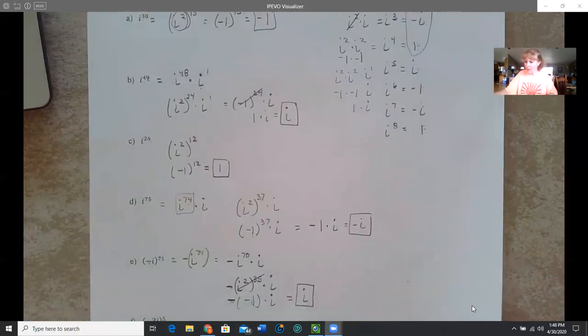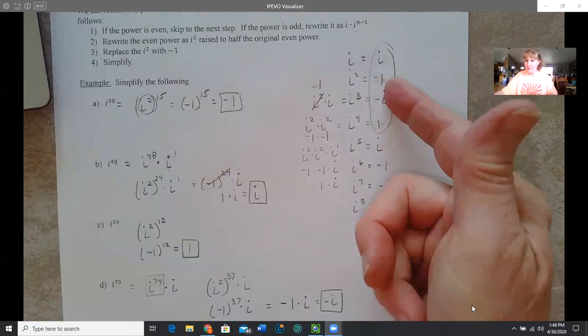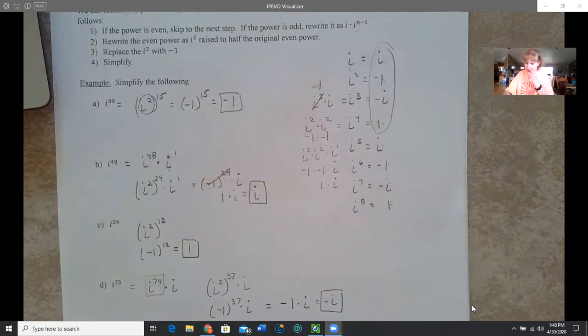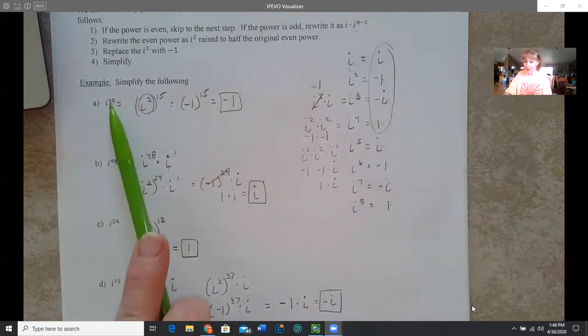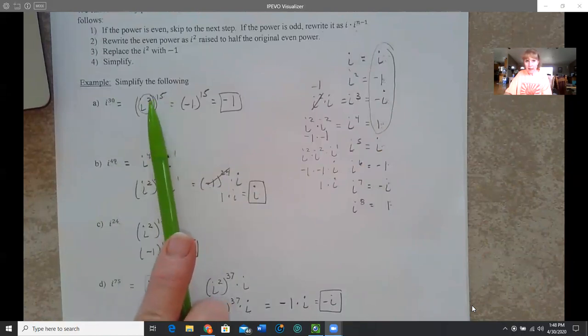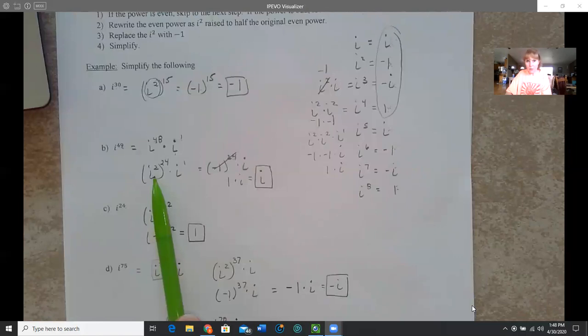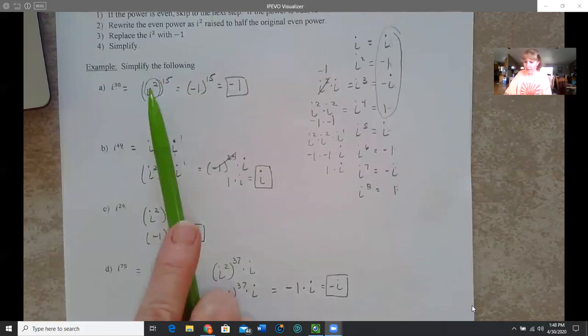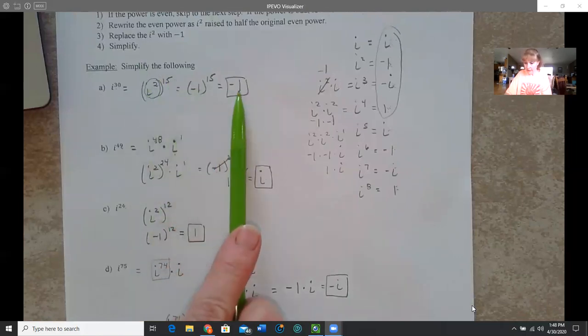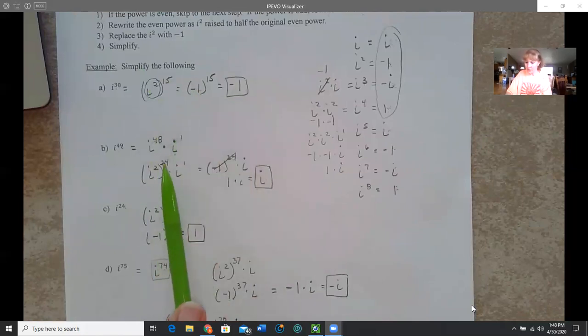And you have 4 choices for your answers. In order to do that, if it's even, just divide that by 2, and you'll have either negative 1 to an odd, or you're going to have a negative 1 to an even. A negative 1 to an odd is negative, and a negative 1 to an even is a positive 1.